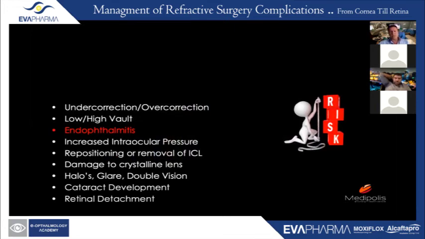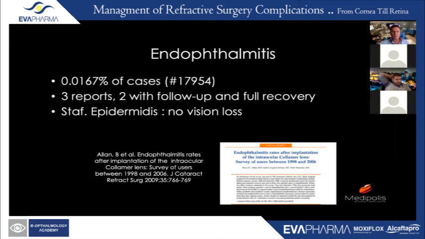When dealing with intraocular surgery, there is always the risk of endophthalmitis, and we want to avoid it as much as possible. This was published in the peer-reviewed literature in 2009 already, with about 18,000 eyes, and only 3 eyes were reported with endophthalmitis. In the 2 eyes with follow-up, Staphylococcus epidermidis was the bacteria causing the endophthalmitis, with full recovery.